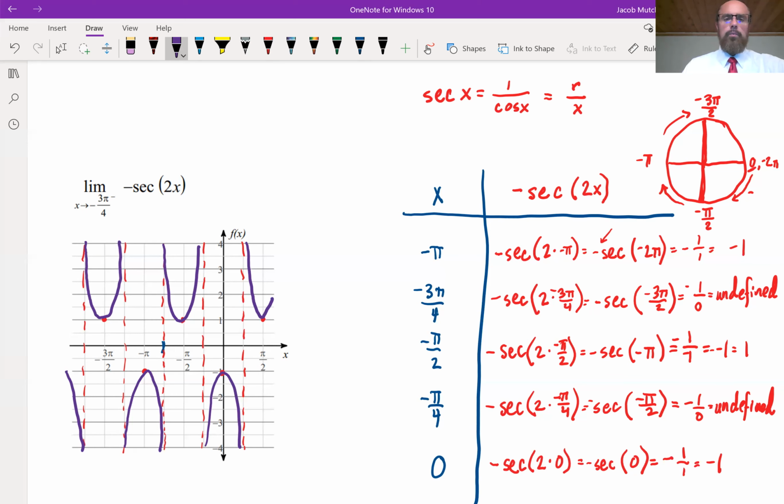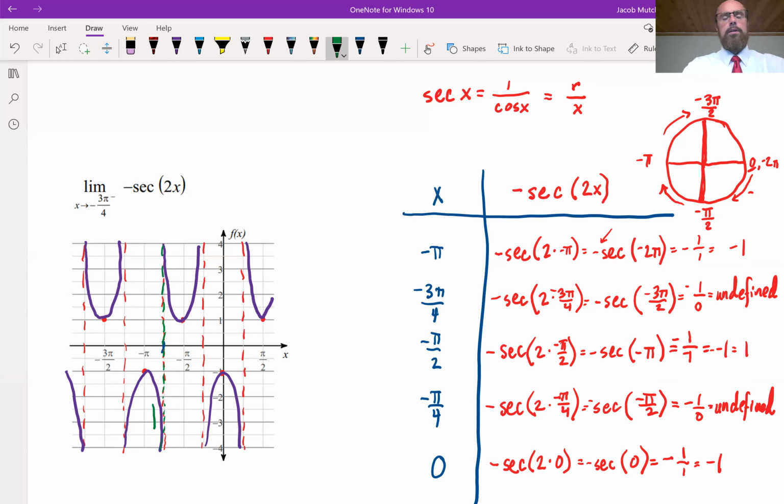All right, so what we need to do at this point is find the value of the limit at this particular x value. Just to investigate again, we were looking at negative 3 pi over 4, and we're approaching from the left-hand side. So I'm going to find negative 3 pi over 4. I'll just highlight it in green here. It is a vertical asymptote. The left-hand side's down below the x-axis.